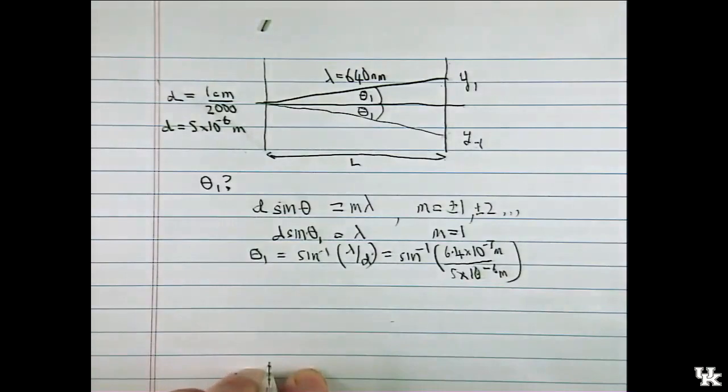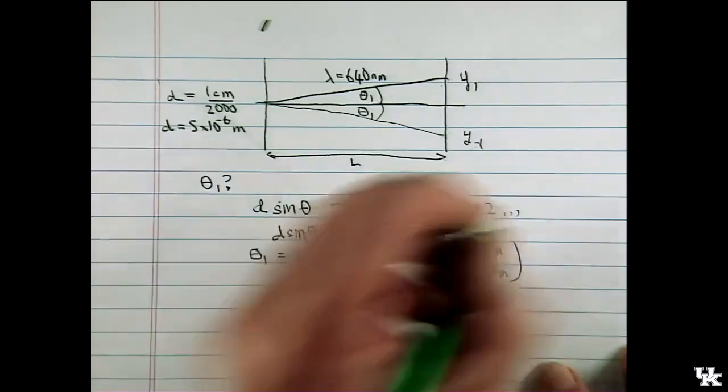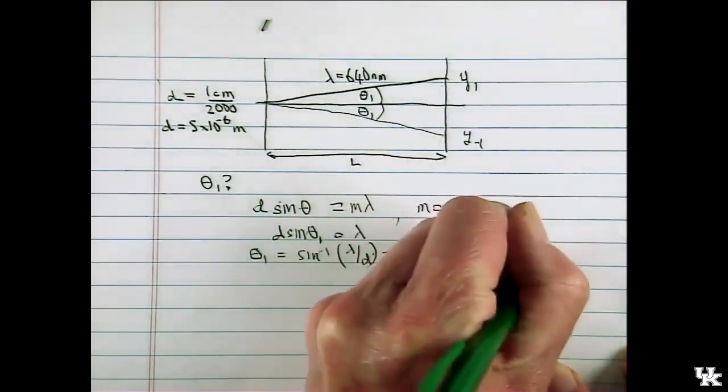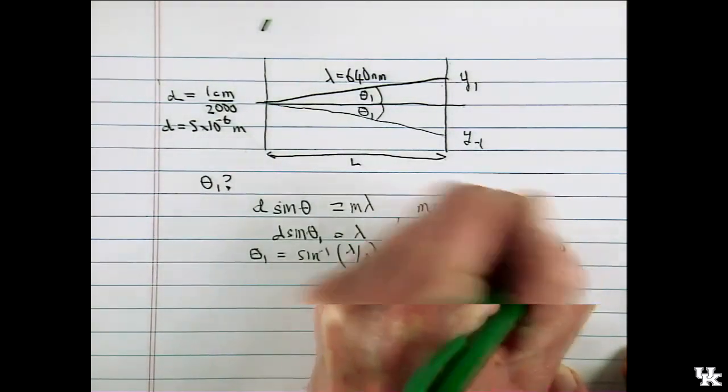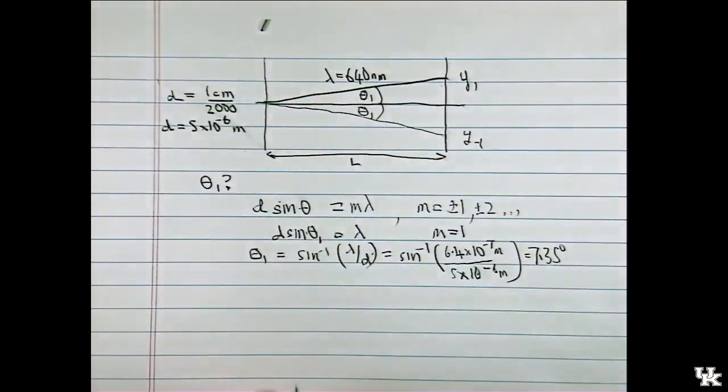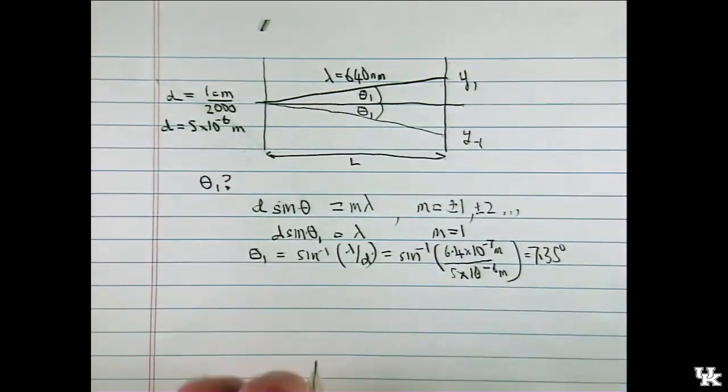So I get this little equation here. And if I plug in the numbers, of course I'm super well organized, I've already done this, 7.35 degrees. That's the location of the first bright maximum away from the central spot.